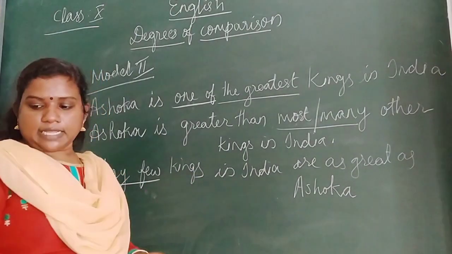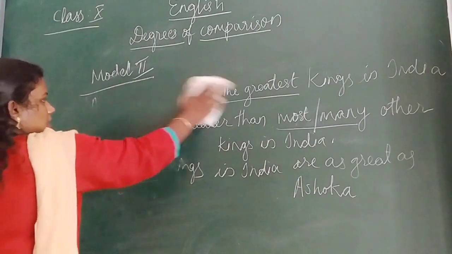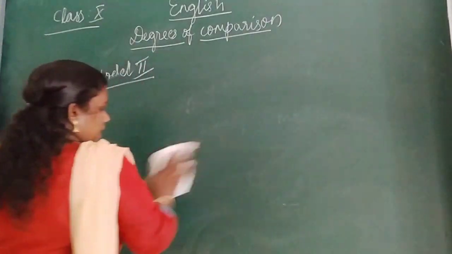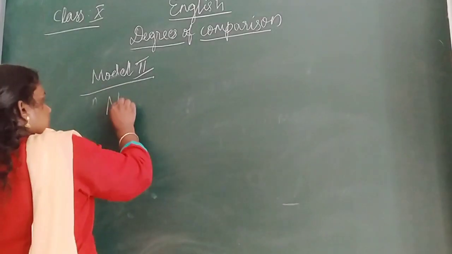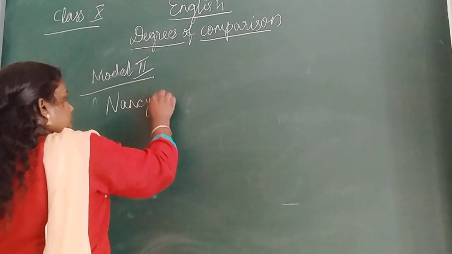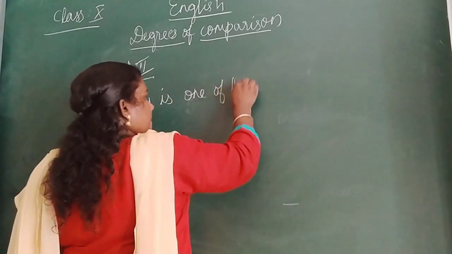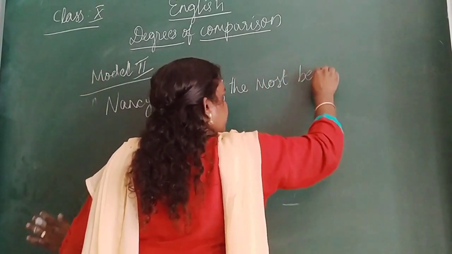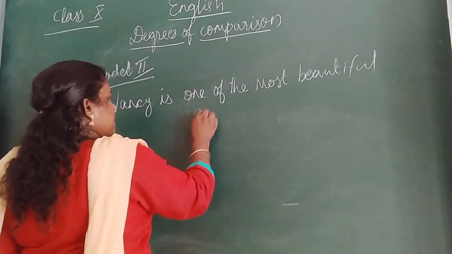Okay. So what next example did we write in model 1? Nancy is the most beautiful girl. Okay. So the same sentence we will rewrite. How can we write? Nancy is one of the most beautiful girls in the class.